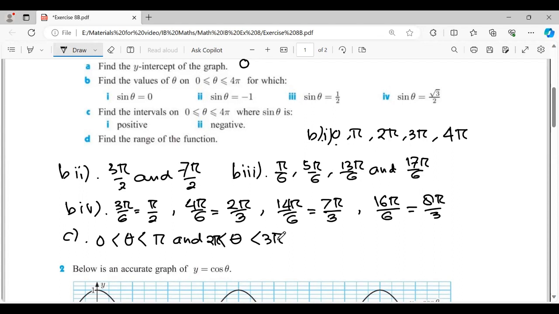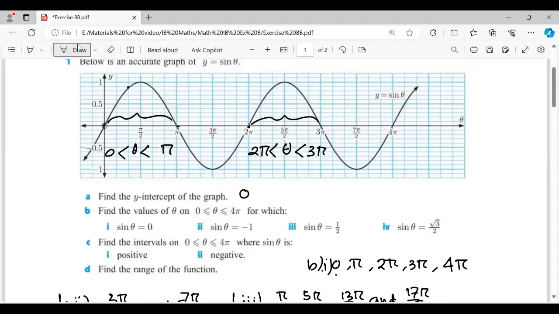C2. If sine theta is negative, it's in this interval, because as long as it's in this interval, the values of sine theta are in the negative area, below 0.